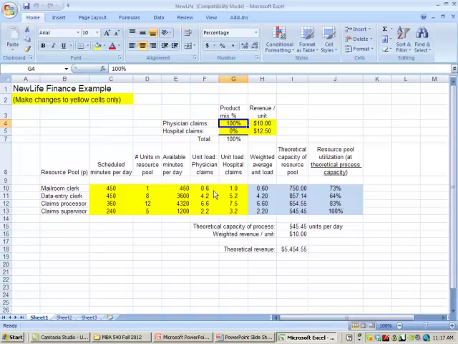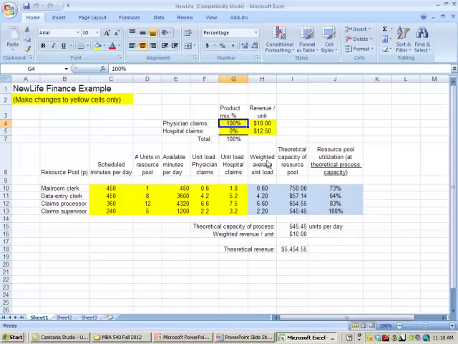The physician's claims has a unit load of 0.6, and therefore, since the physician's claims are 100% of the workload, then the average unit workload is 0.6 minutes. So the theoretical capacity of the resource pool is 750. Now you'll notice that's what we had before. So we're all good all the way down.